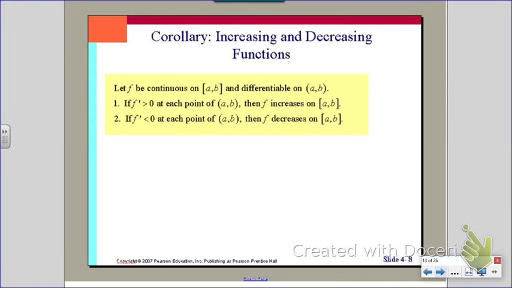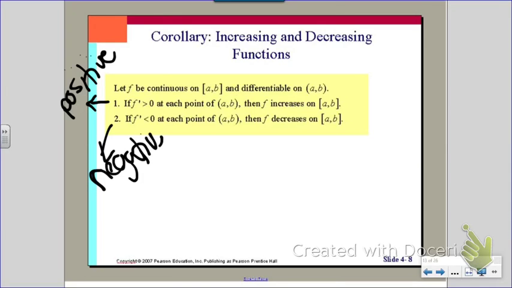So by definition, for derivatives, if the derivative is greater than 0, or positive, and where the derivative is less than 0, or negative, we can tell increasing and decreasing. Derivative positive, or greater than 0, the function would be increasing. Derivative less than 0, or negative, the function would be decreasing on the interval from a to b.